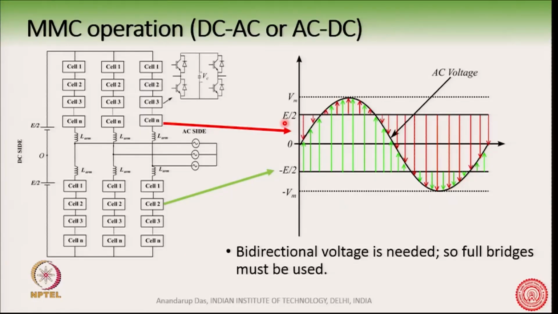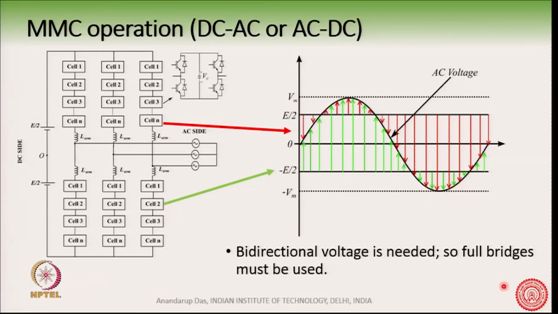The red arrow indicates the upper arm voltage and the green arrow indicates the instantaneous lower arm voltage. Now, for the upper arm during this portion, the arrow direction is downwards, whereas when the AC voltage is more than the DC, then the arrow direction is reversed, and then again here the arrow direction is downward, here upward. For example, observe the red colored waveform, the upper arm voltage.